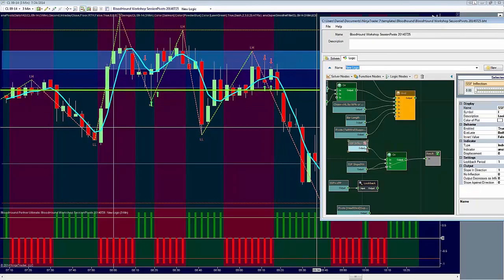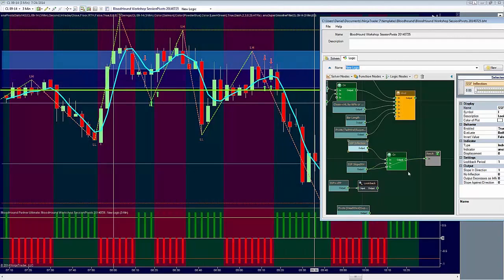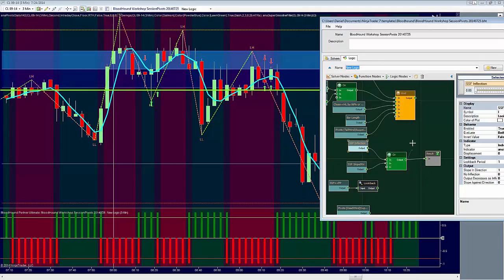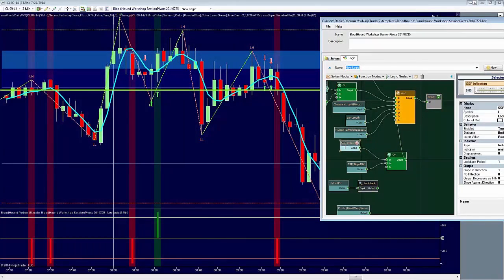So that's why we've allowed the super smoother inflection for that bar right there, because that's the bar on which it turns down. Right? So that should make sense. So now we do get the short signal there.